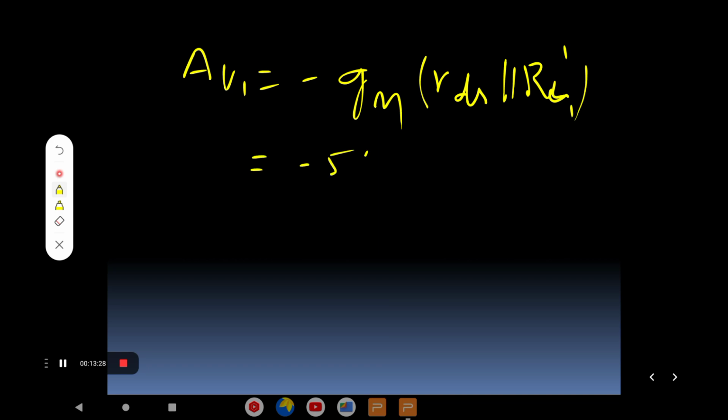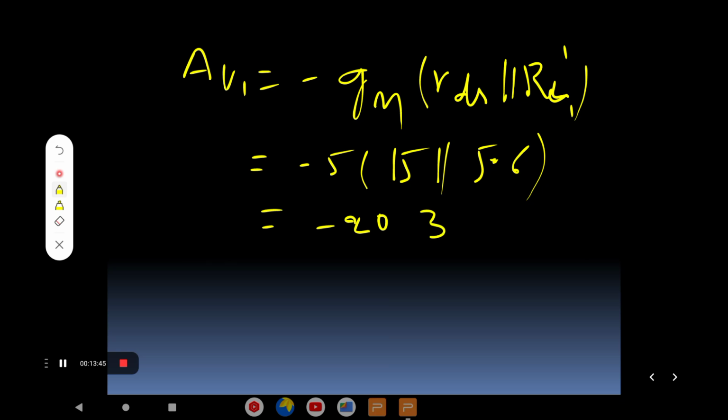RDS is equal to 15 kilo ohms, the drain resistance, and RL dash is equal to 5.6K. So we will calculate all the values. You will get minus 20.38. So that is the voltage gain.